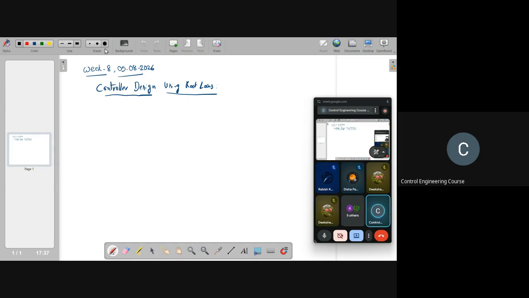Let us suppose we have an open loop system G of S. We are going to design a controller with a transfer function GC of S, and you are also given time domain specifications.